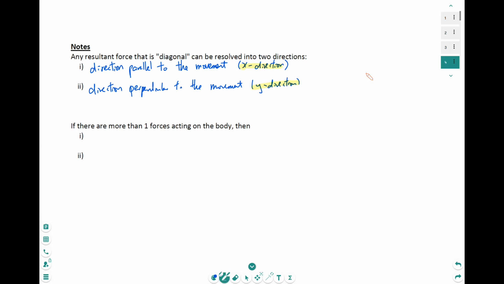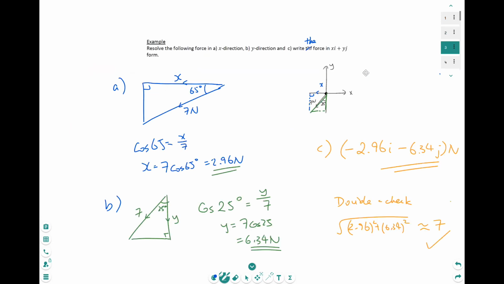If there is more than one force acting on the body, then what we have to do is, first, resolve the forces into x and y directions, similar to the previous example, the example we've done on page 3 in here.